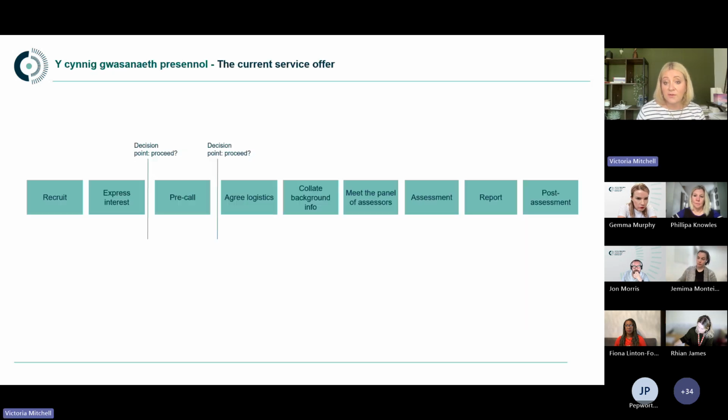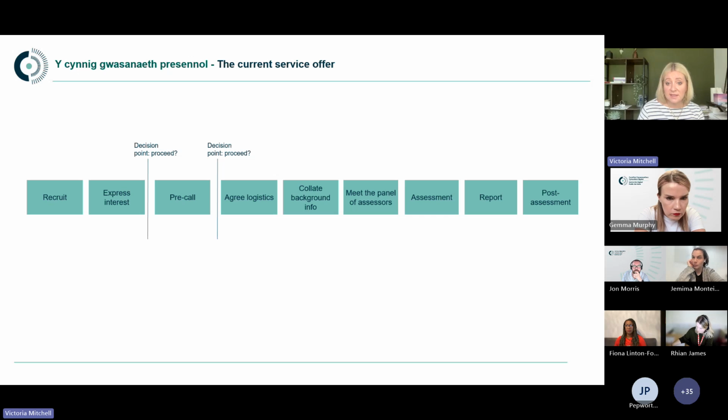So to set us up for the alpha, we took a look at the existing service assessment offer from CDPS. It's very new, very much in its infancy, but here's the current journey to assessment.